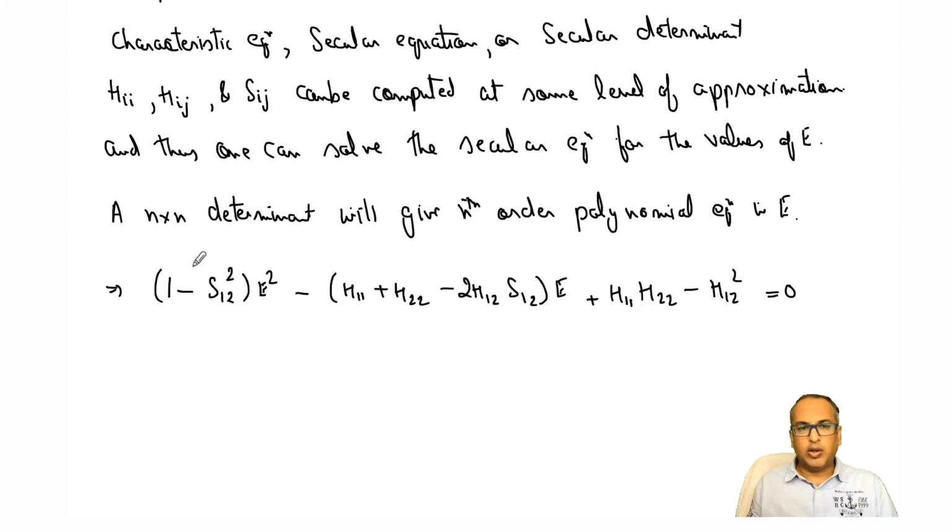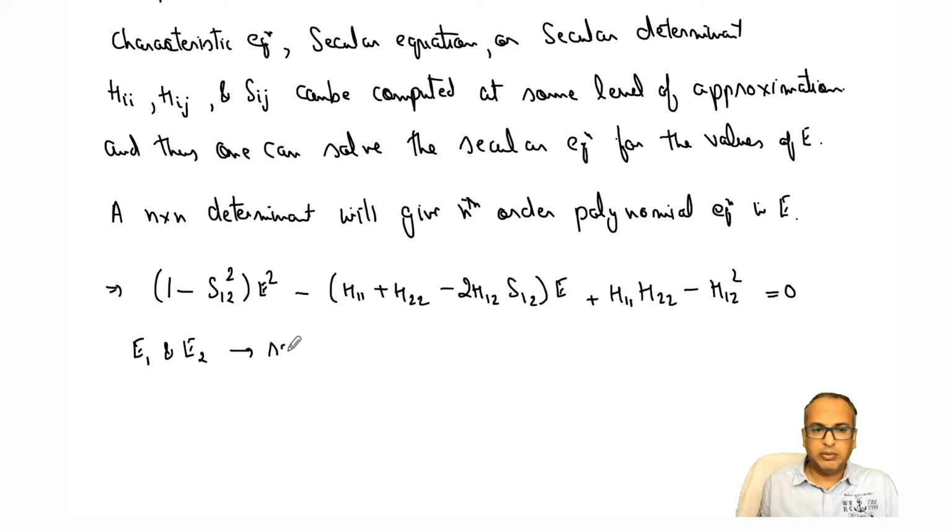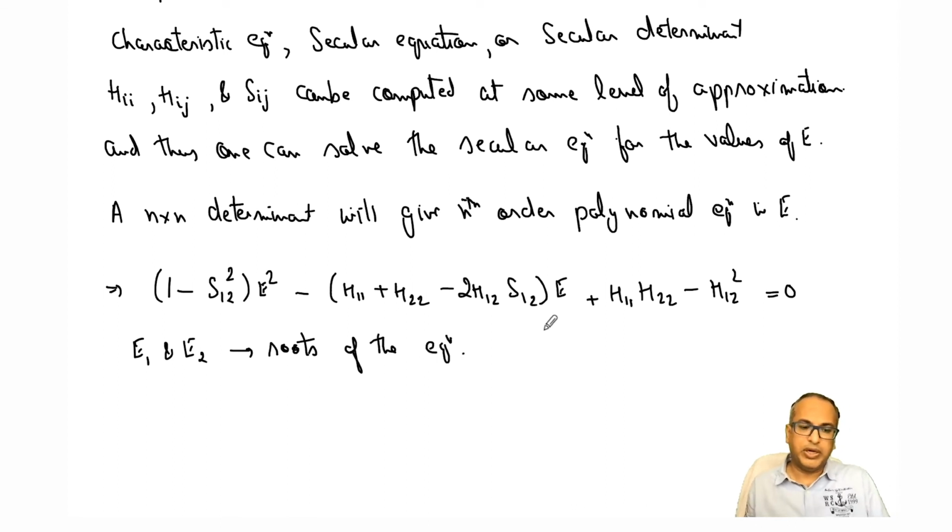Now all these integrals can be calculated because you know the atomic orbital wave functions. You can set up the integrations and simplify some of them by direct product. Some will go to 0; those which do not, put them here and solve them, and you will get the values of energy. So you will get 2 values of energy, the roots E1 and E2, roots of the secular equation, right?